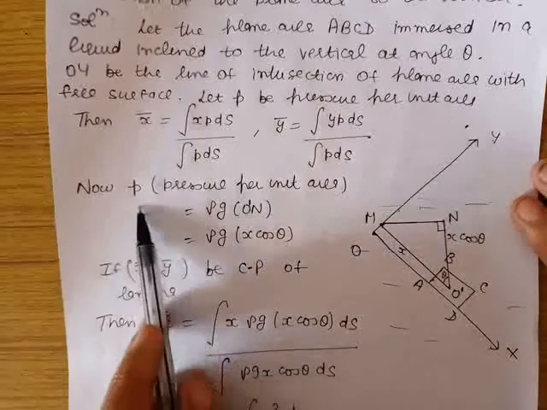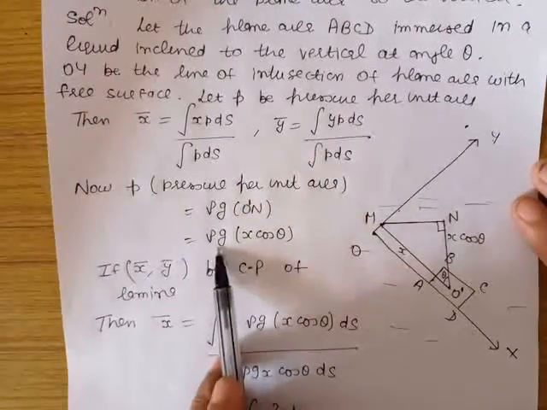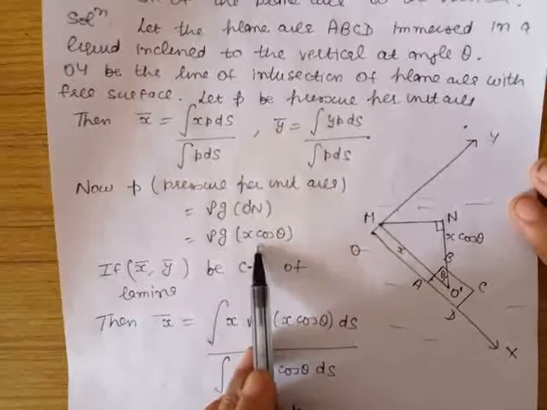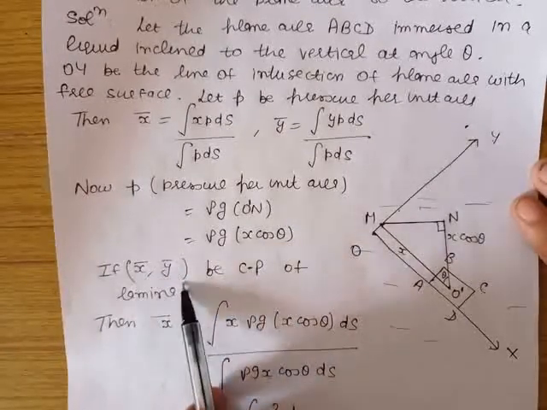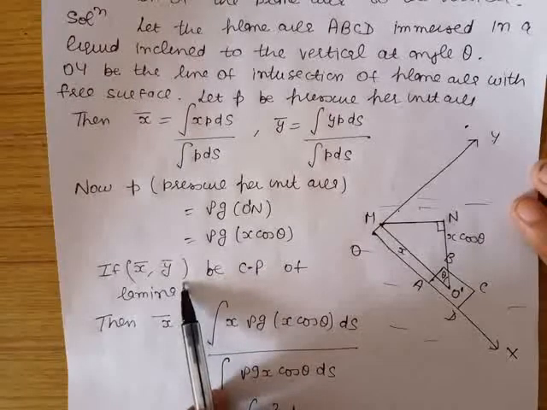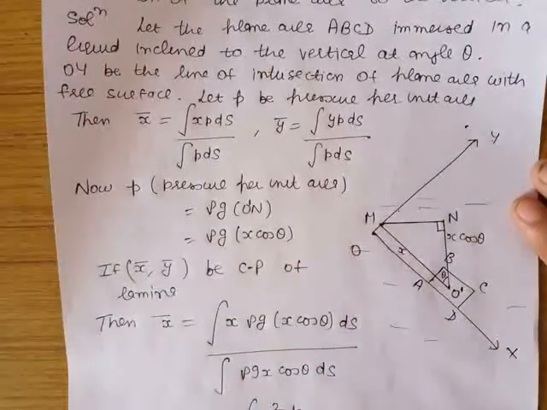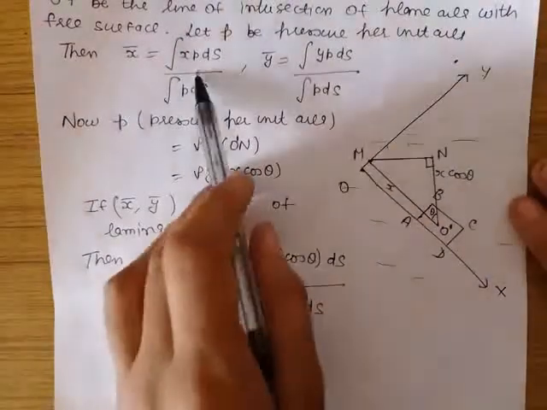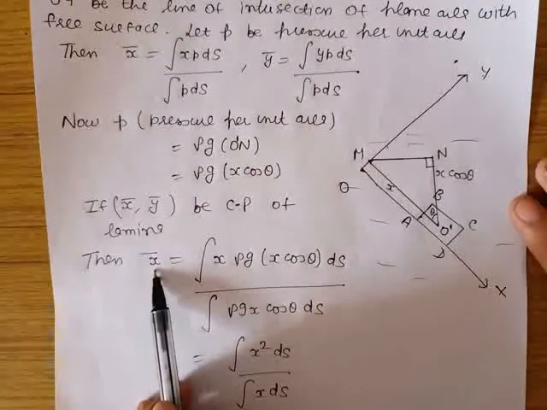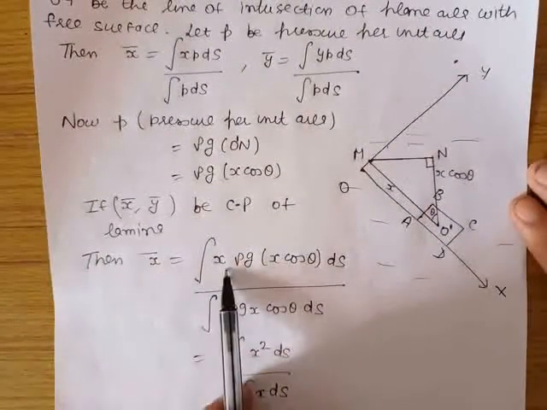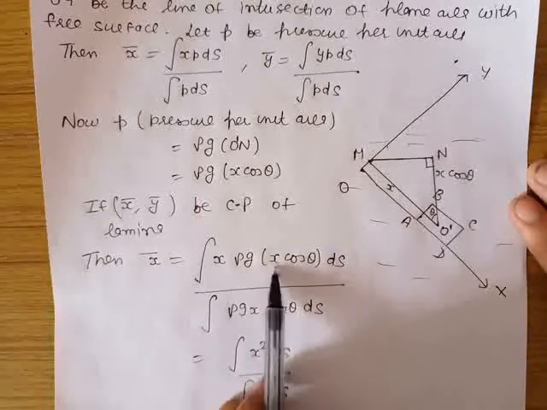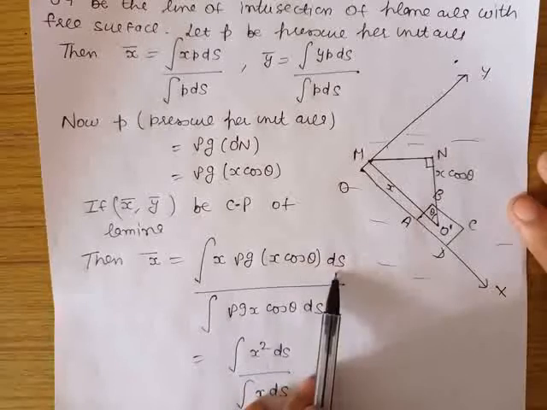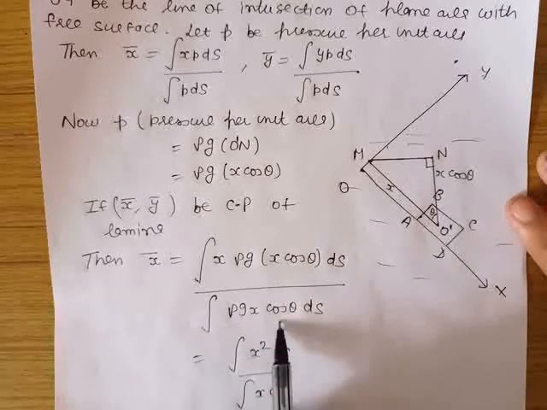So the value of pressure is given by rho into g into x cos theta. Now, if x bar, y bar are the coordinates of center of pressure of this lamina, then by using this formula, x bar is given by integral x into the value of p, which is rho g x cos theta dS, upon integral p dS.